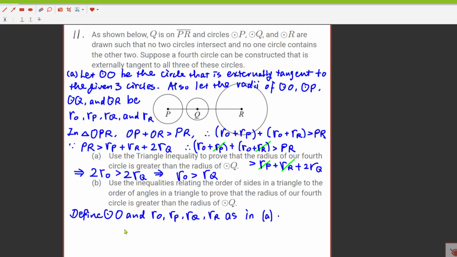And then either angle OQR or OQP must be at least 90 degrees, right?